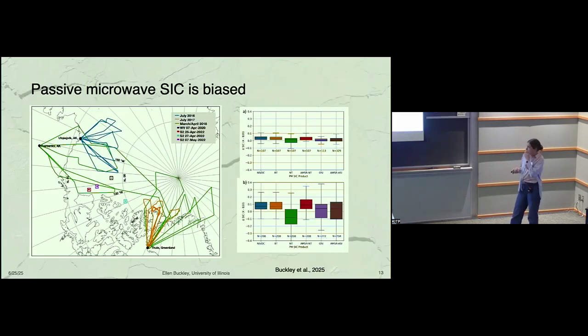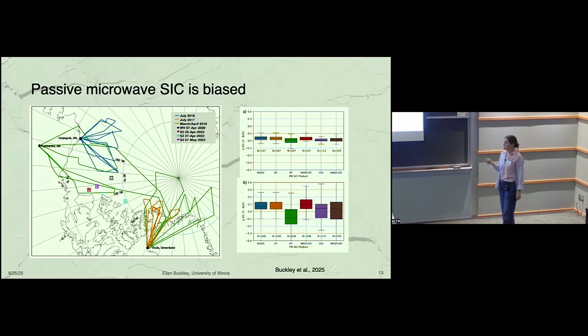So first we decided to look at passive microwave data to see where it is. This has become a much bigger project than where it started, but thinking about where passive microwave data is biased, what different products of passive microwave data we have. We're looking at a few different products. So the NSIDC climate data record. This is passive microwave data that is shown in all those CDR long-term trends.